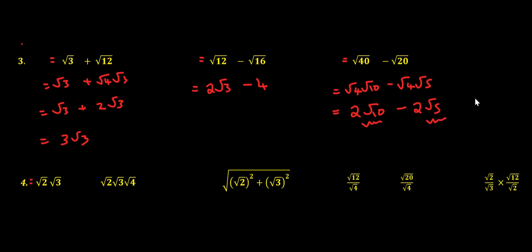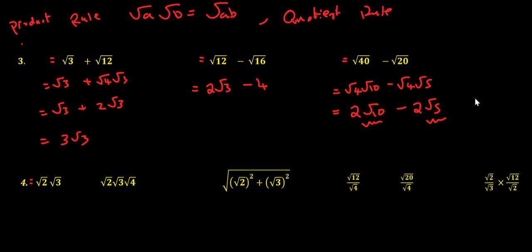Okay, so here we use the rule, the product rule, in that the root of a multiplied by the root of b is the root of ab. The quotient rule is simply this. So that is the root of 6.